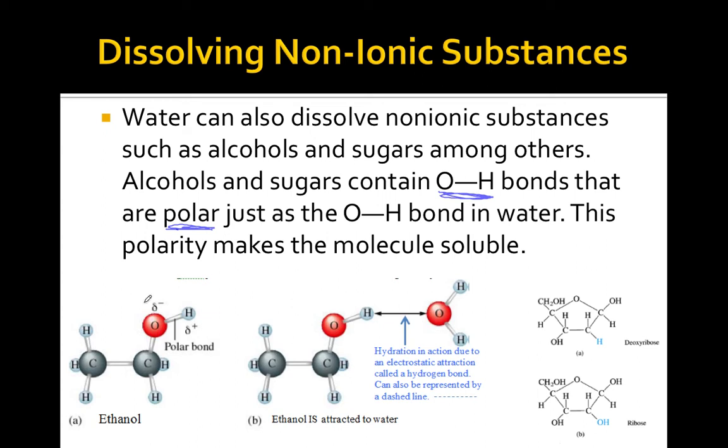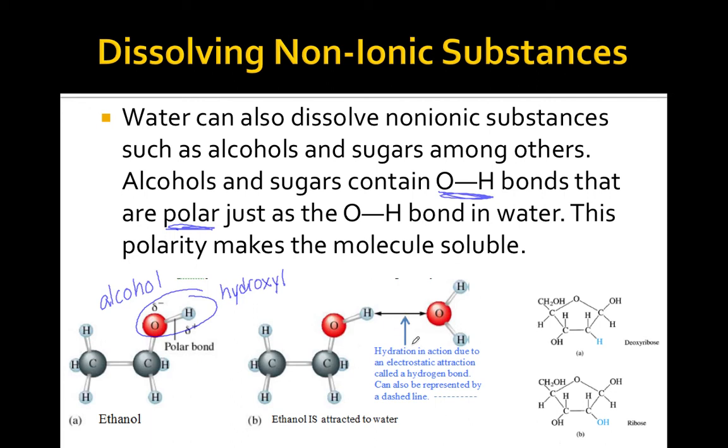So here's ethanol, a very common alcohol. We'll use ethanol in the lab, and here is that OH bond. This is called a hydroxyl bond. We won't talk a whole lot about that, but as you move forward in chemistry, you'll talk more about hydroxyl bonds. So here is your ethanol, and the hydration interaction is due to this electrostatic attraction between the oxygen and the hydrogen on the ethanol.